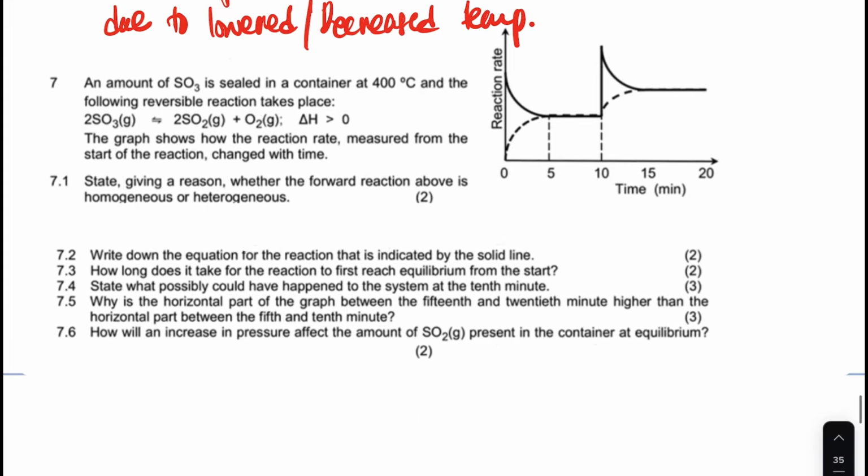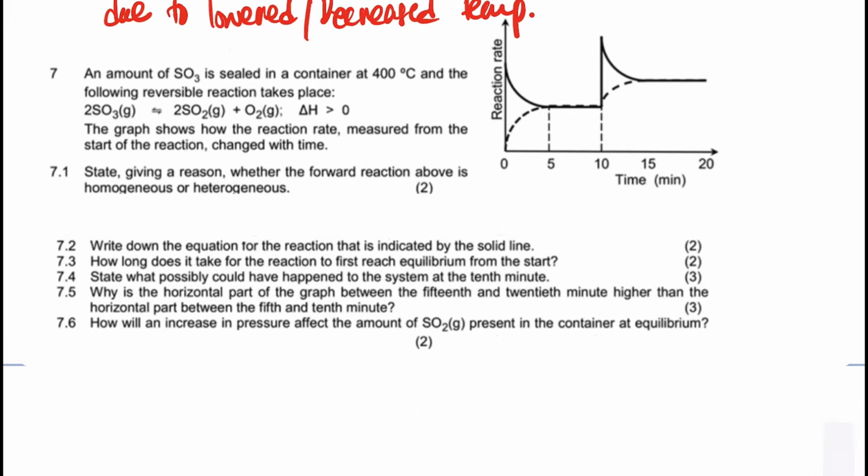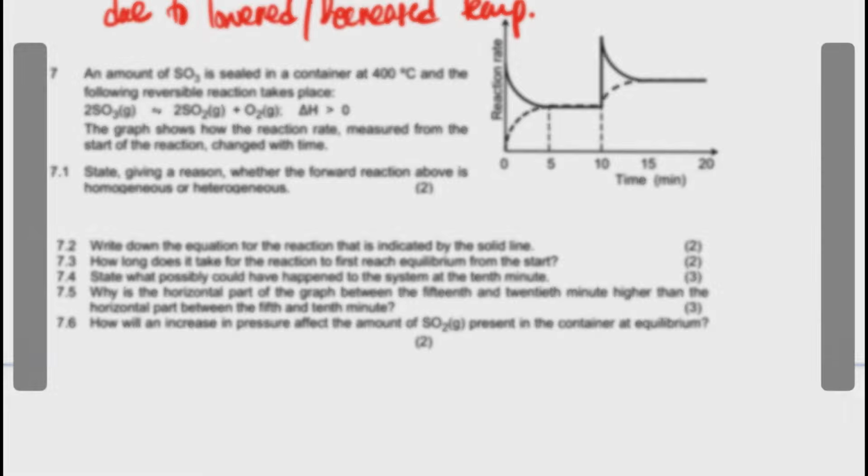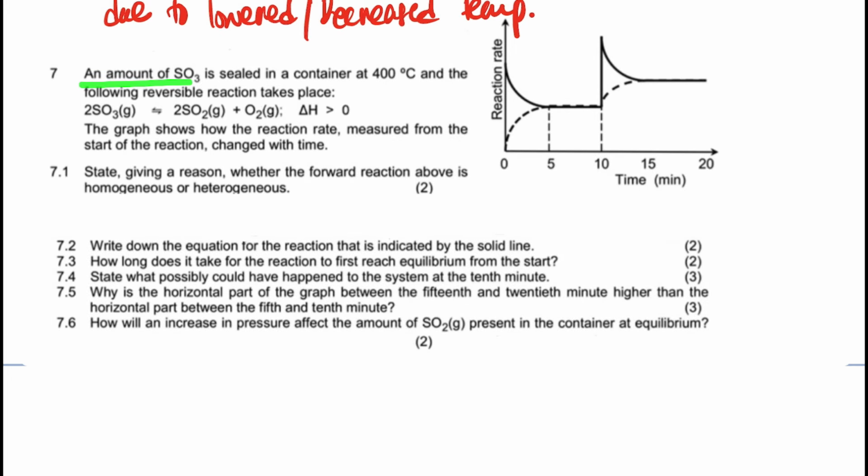Okay, let's look at number 7. It says an amount of sulfur trioxide is sealed in a container at 400 degrees Celsius and the following reversible reaction takes place. The graph shows how the reaction rate, measured from the start of the reaction, changes with time.